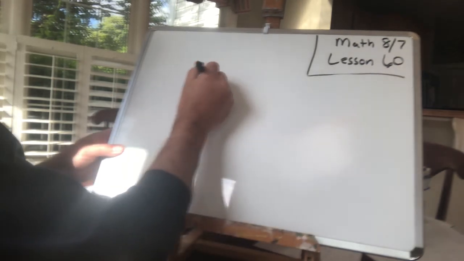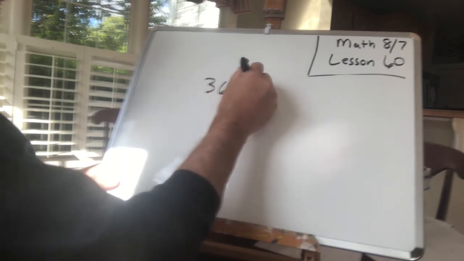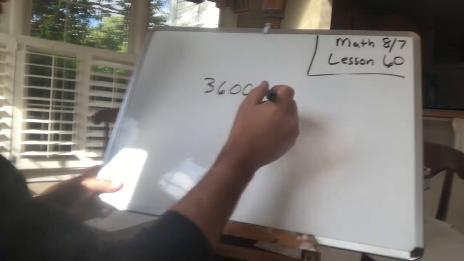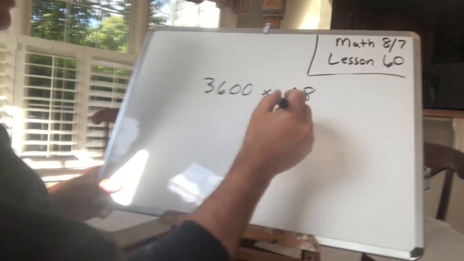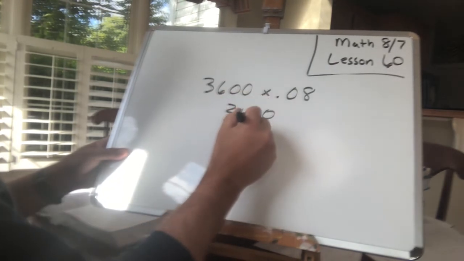If you look at the question, this is example 4, he gets 8% of the selling price, okay? So 8% of 3,600. Well, what's 8%? 8% is 0.08.